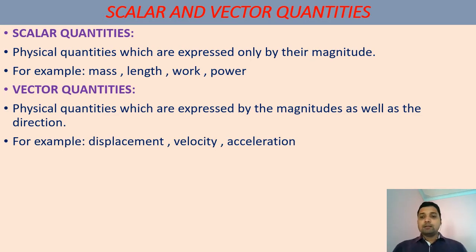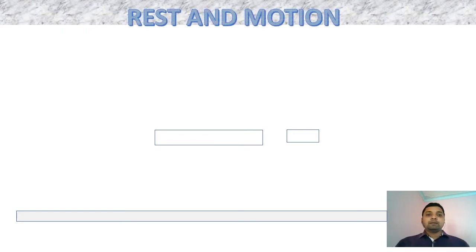Next, the topic of today's discussion: rest and motion. Two terms. Whenever a body is not changing its position, for example if I am standing here now and after 10 minutes I am standing in the same place, my body is said to be at rest.